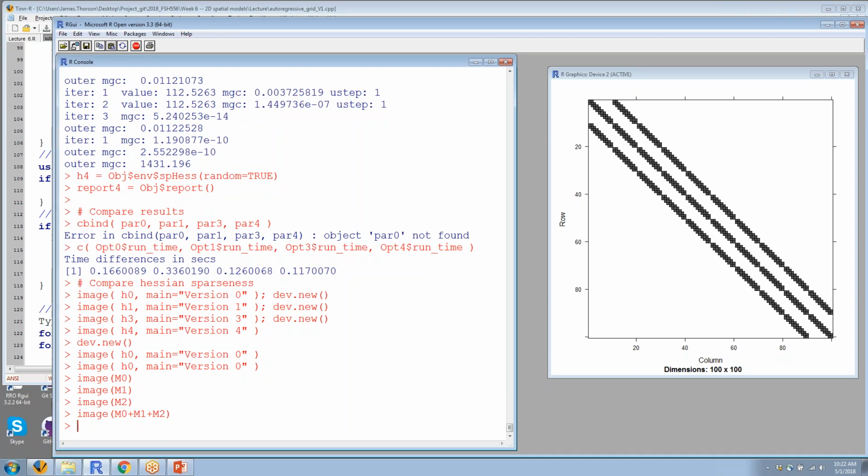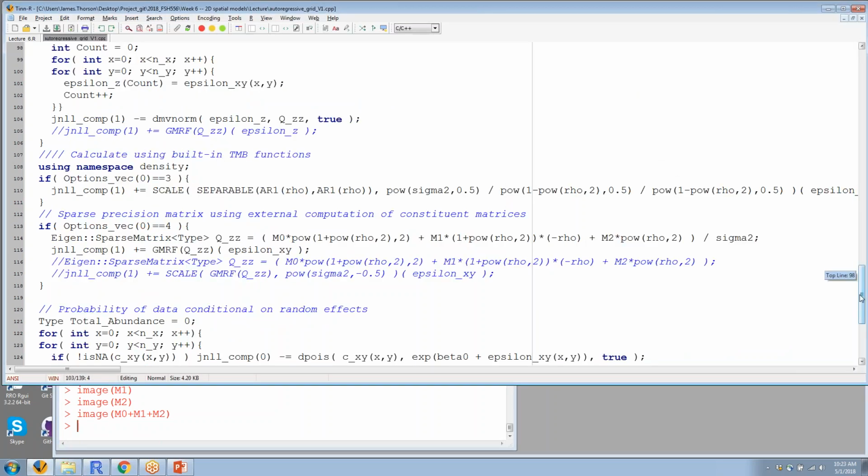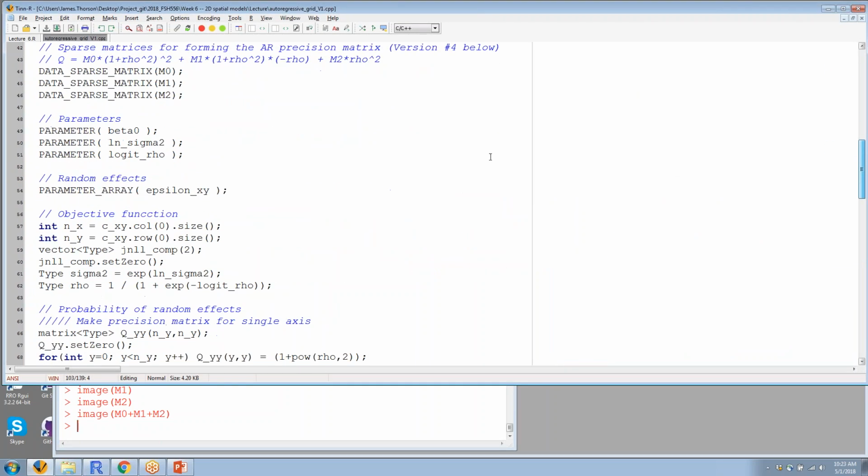Algebraically, I know the structure of this model, so I can put in a sparse representation that I pre-process in R, defining these sparse matrices M0, M1, and M2, and then I can pass them to the C++ file using this input data sparse matrix.